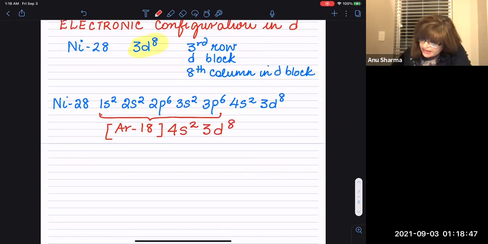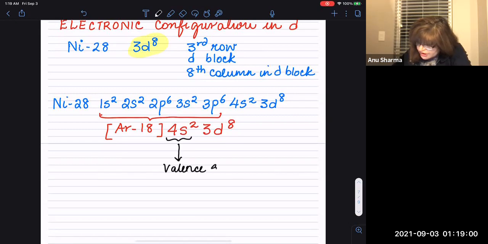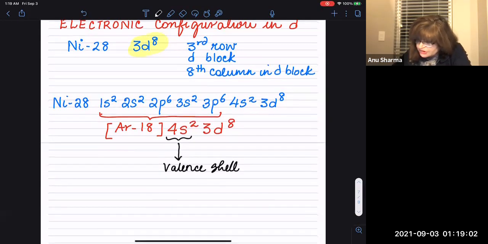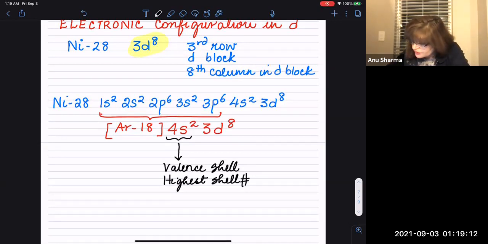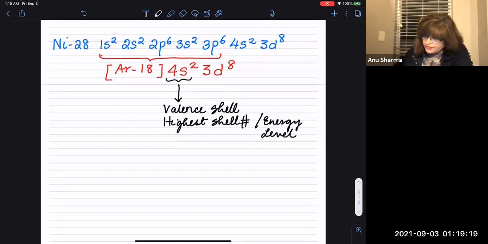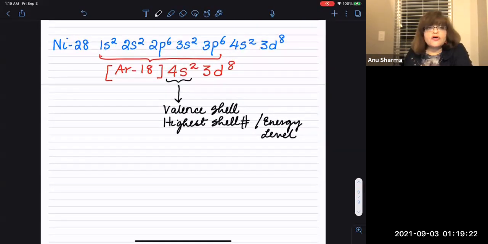So here we see that, even with that, the largest is the valence shell. Valence shell is the highest shell number or the highest energy level. All right, so that's the electronic configuration of nickel.